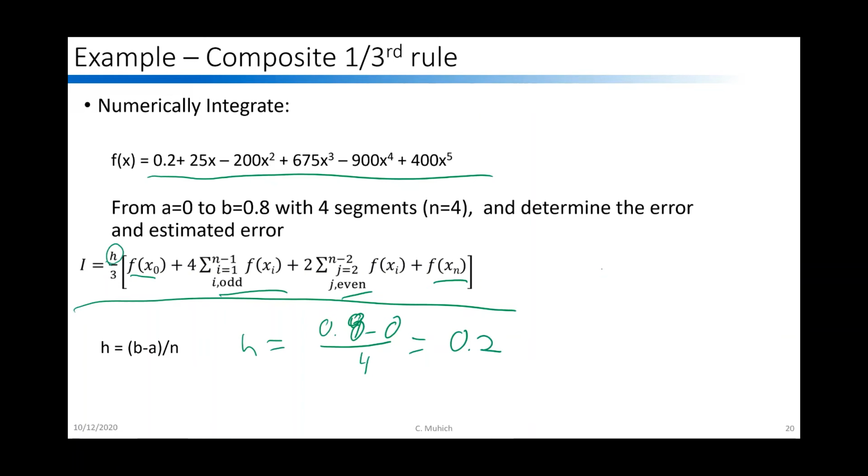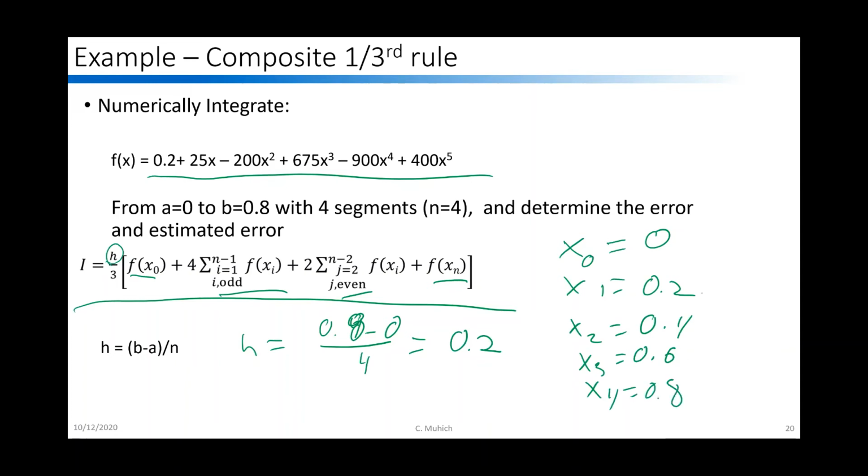So when I go to do out this equation, I have my x0, which is 0, my x1, which is 0.2, my x2, which is 0.4, x3, which is 0.6, and x4, which is 0.8. Notice how when I have 4 segments, 1, 2, 3, 4, it requires 5 data points.